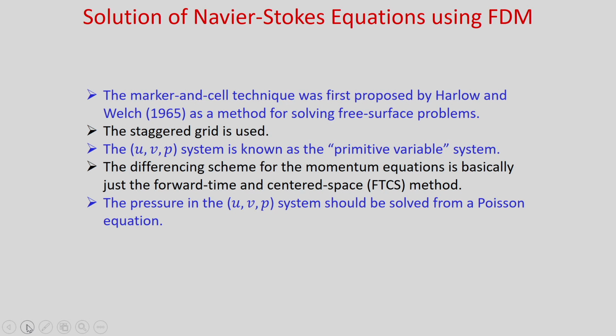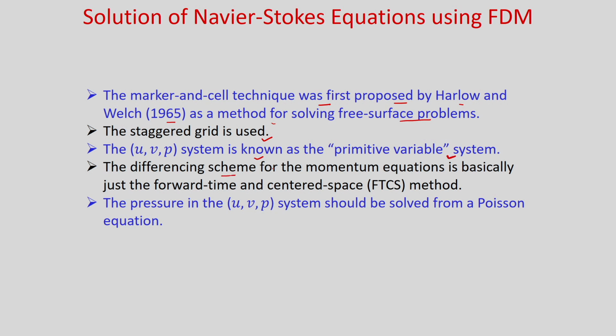In this lecture, we will use the marker and cell method. This marker and cell technique was first proposed by Harlow and Welch in 1965 as a method for solving free surface problems. The staggered grid is used; we will discuss what a staggered grid is. The UVP system is known as the primitive variable approach, and we solve these equations in the primitive variable approach.